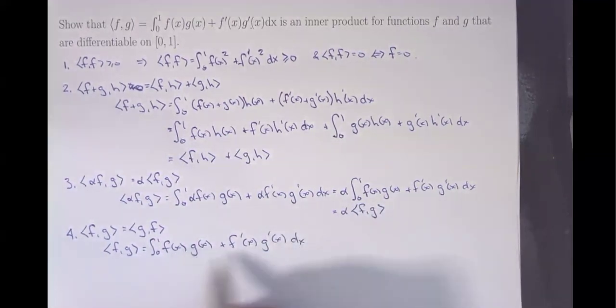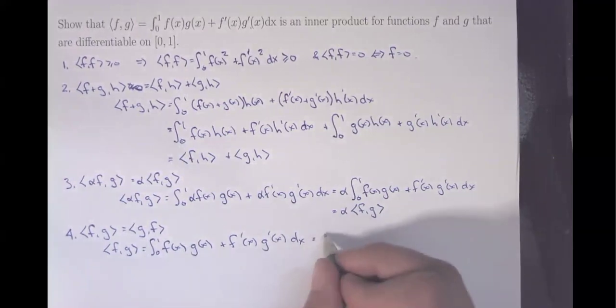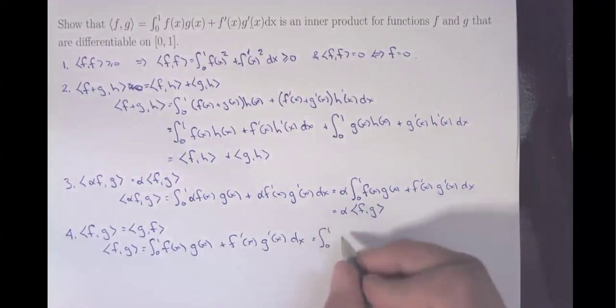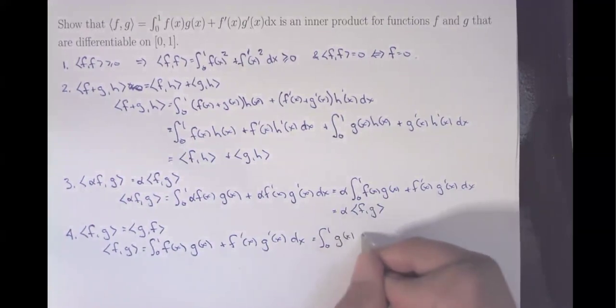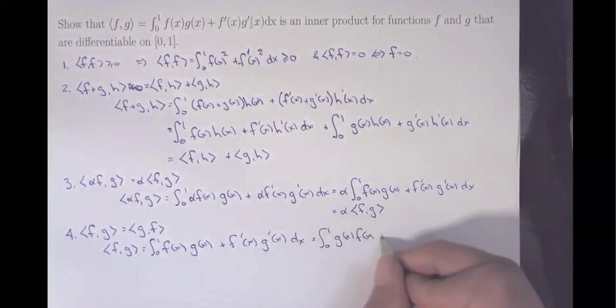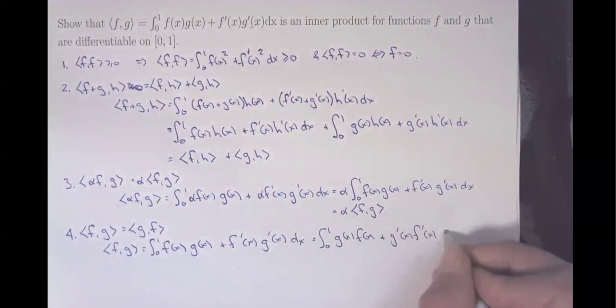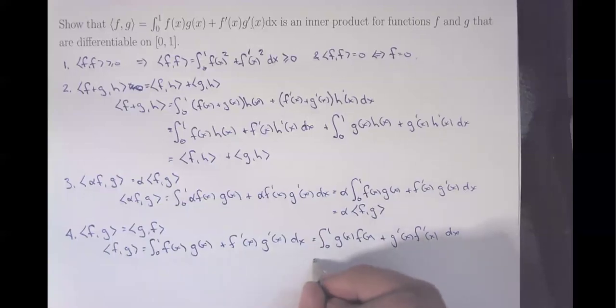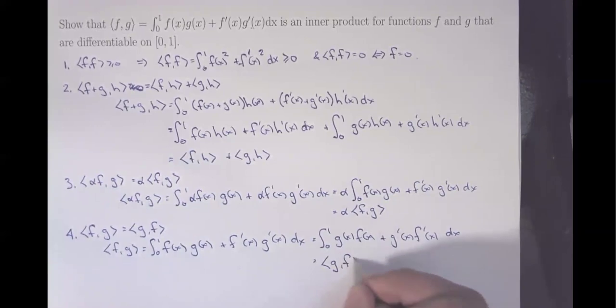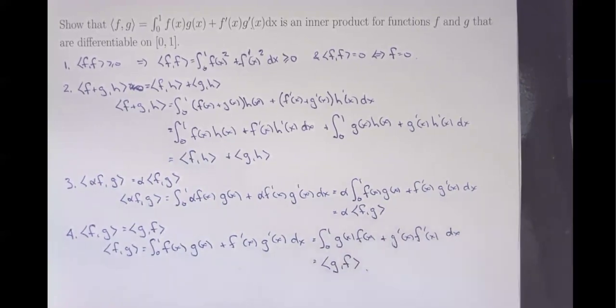But we can reverse the order of these products. So this is the integral from 0 to 1 of g of x f of x plus g prime of x f prime of x dx, which is indeed the inner product of g with f. And so because all four properties are satisfied, this is in fact an inner product that we're giving here.